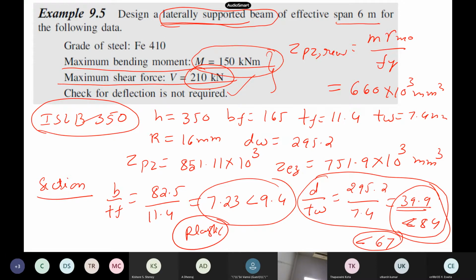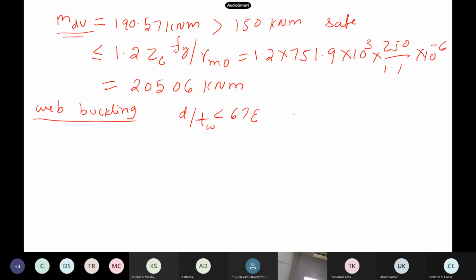Web shear buckling is not possible, since d by t is 39.9, which is anyway less than 67.